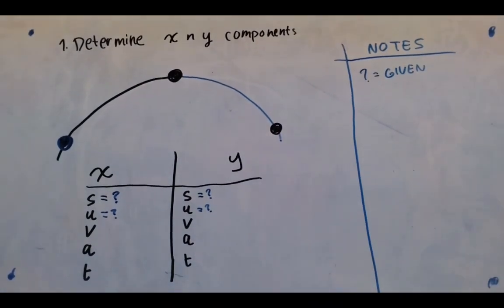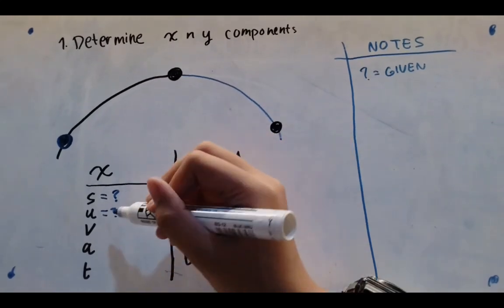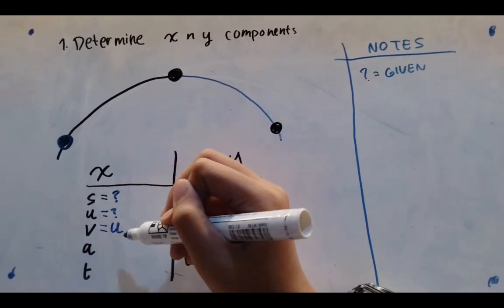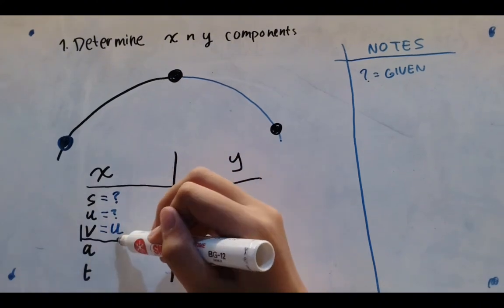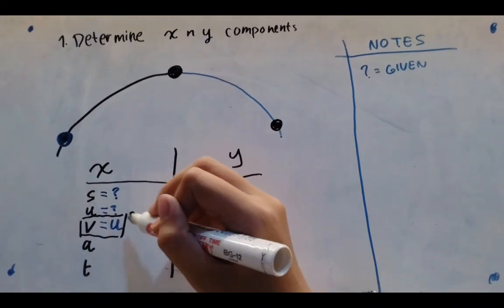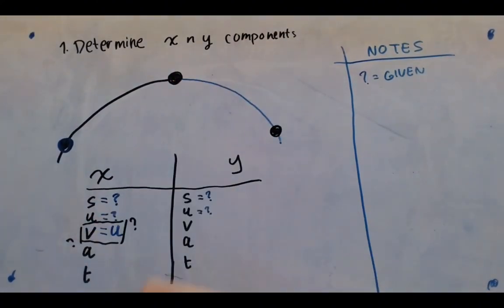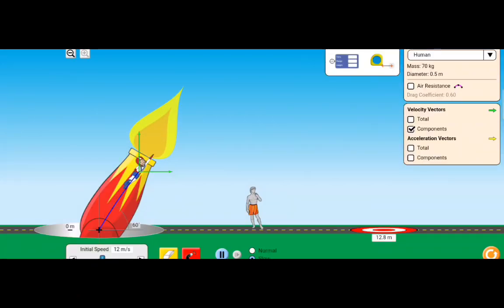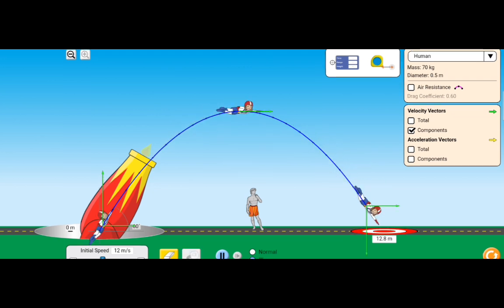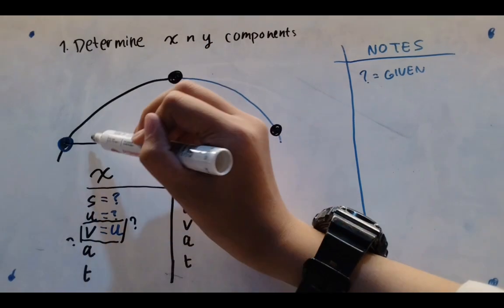Now, second is the velocity. Let's talk about velocity in the x component first. It is said that final velocity equals the initial velocity. And why is this happening? It is because when we look back to the diagram, we can see that there is no change in the velocity in the x component.